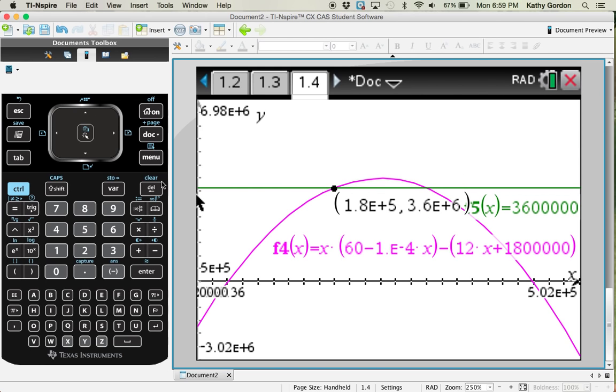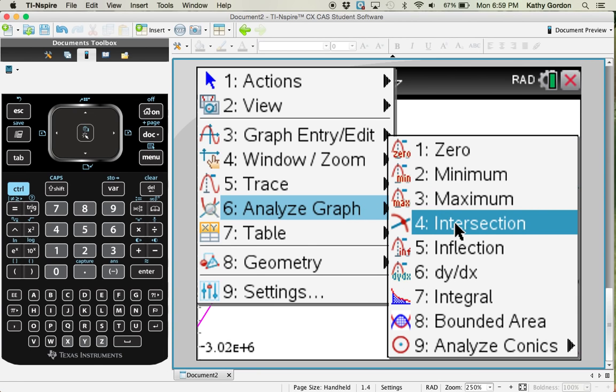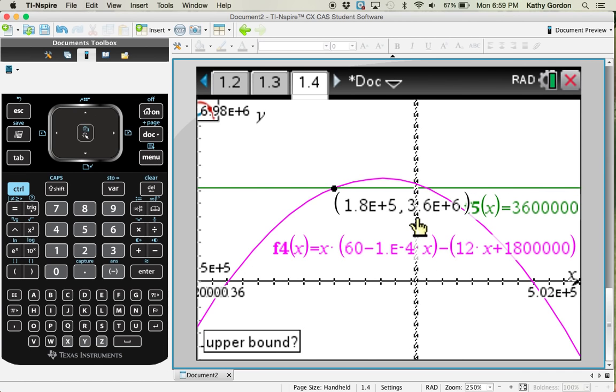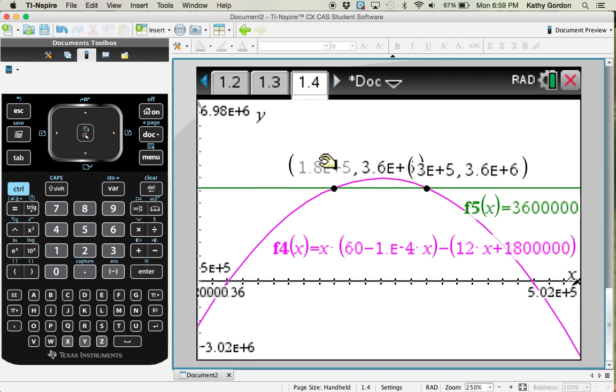Okay, do the same thing over there. Analyze, intersection, left, right, and there's our 180,000. There's our 300,000. So I get the exact same x values that I got the other way.